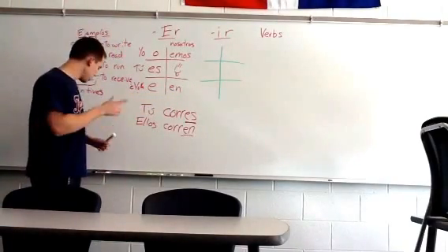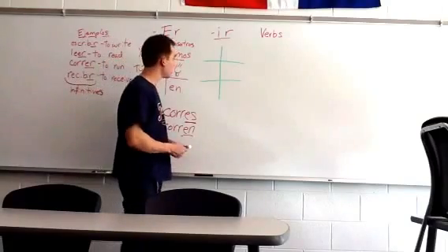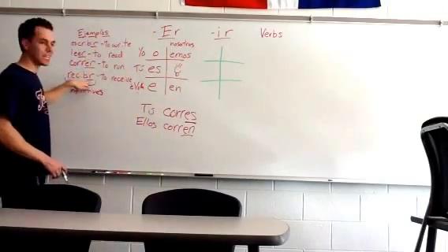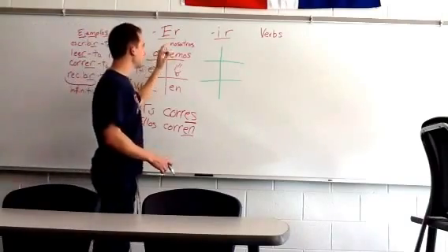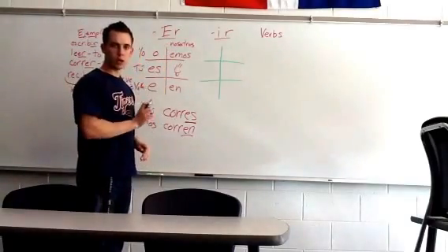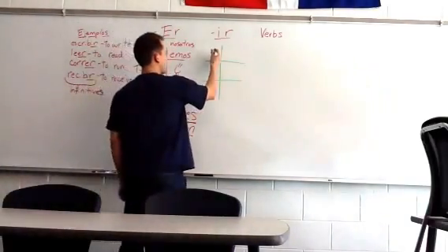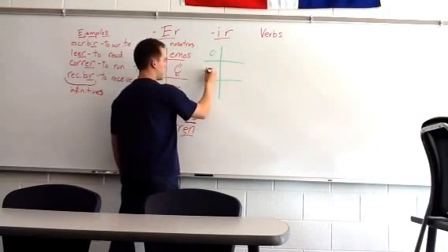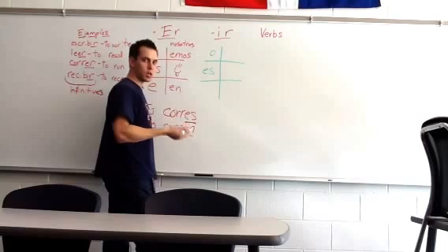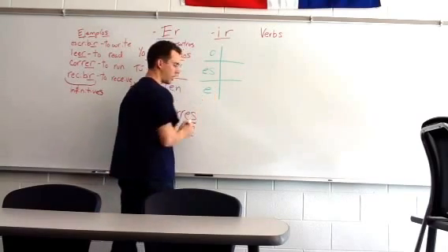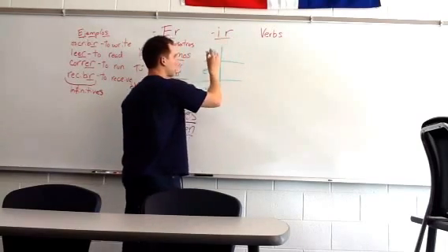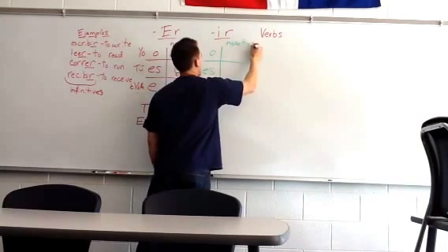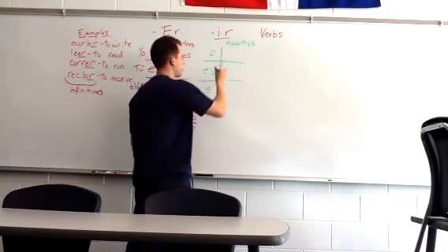Now, let's look at IR verbs. IR verbs, like escribir or recibir, have similar endings to the ER verbs with one difference. For yo, first person, still o, then tú is es, él, ella, usted, e. Nosotros, the nosotros ending is where it changes.